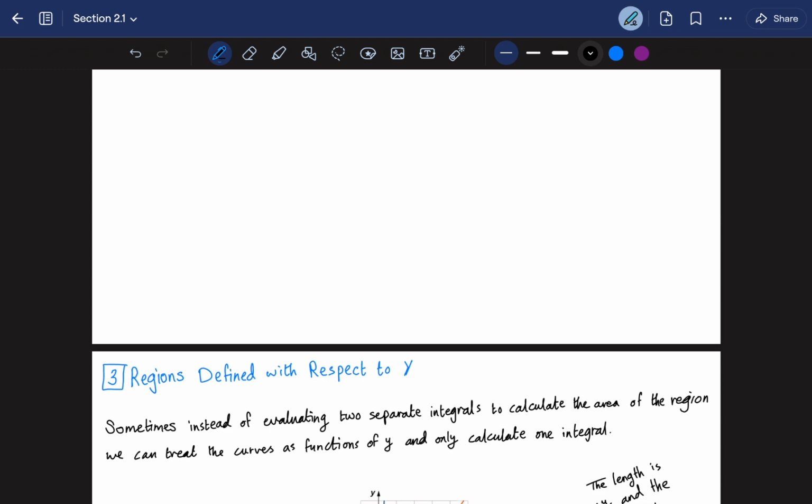The second thing, when we have a compound area, is where we have two, or even 3, 4, up to 5, or infinite, different regions. When you have different regions, you have to pay attention if the upper and lower functions switch.